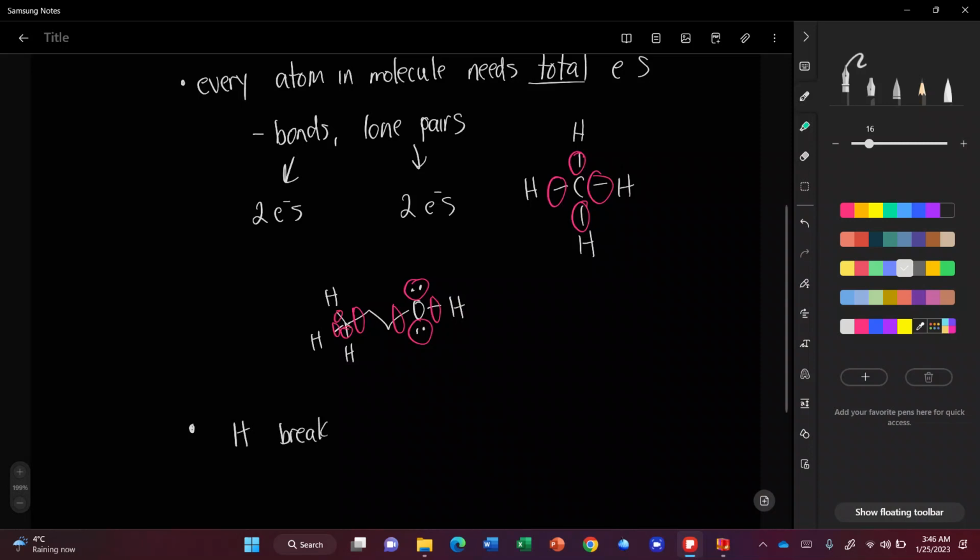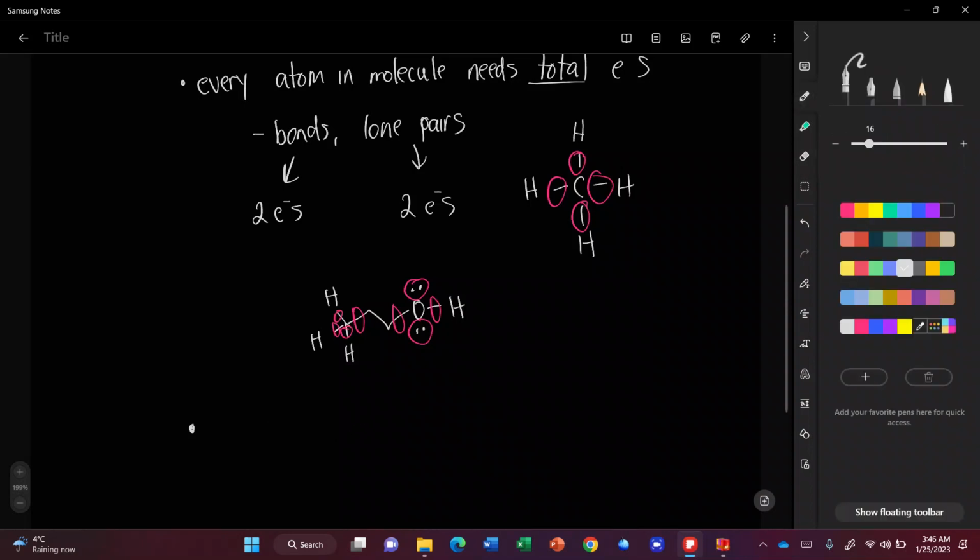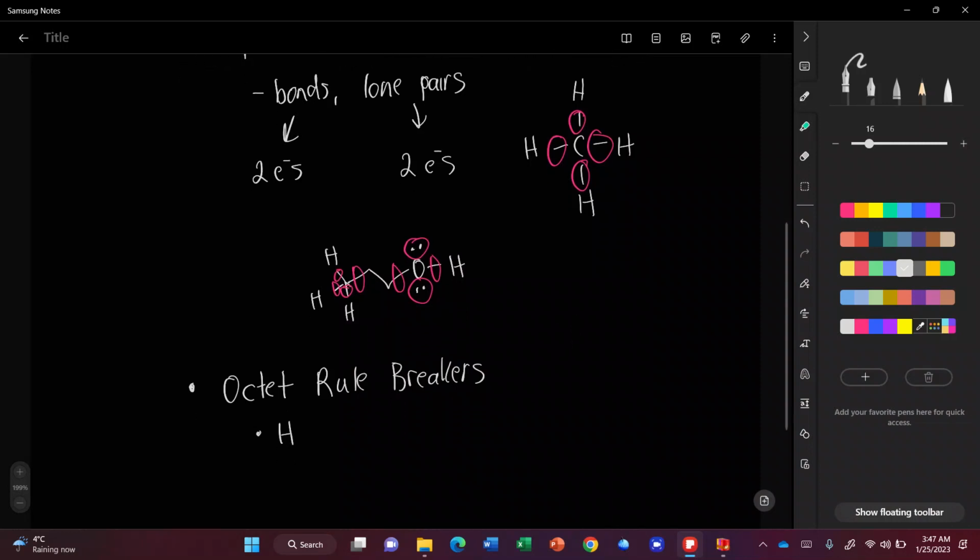So, octet rule breakers: hydrogen breaks the octet rule because if you look on the periodic table, hydrogen only has one singular 1s orbital, and an orbital can only hold 2 electrons. So hydrogen is only ever going to have a maximum of 2 electrons.